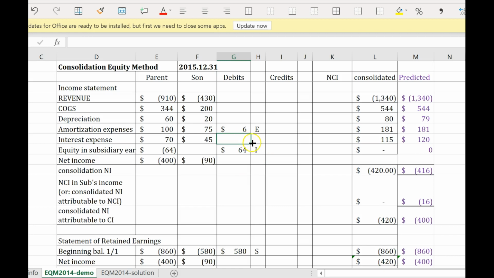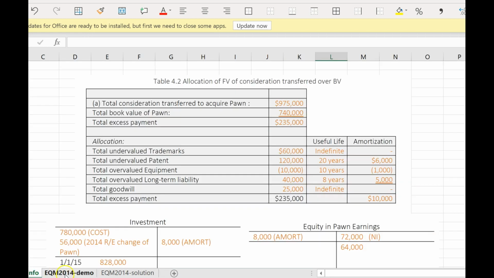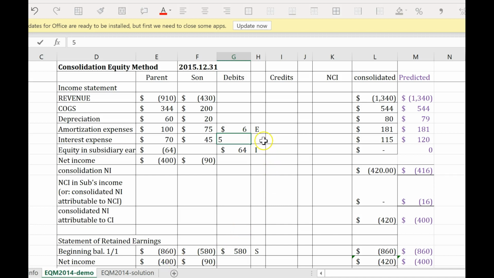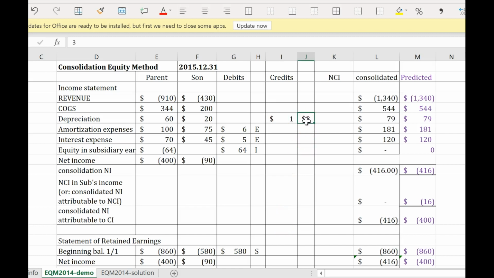Interest expense, 5,000. And 1,000 depreciation expense. You can see these are the depreciation and amortization of all our fair value assets.